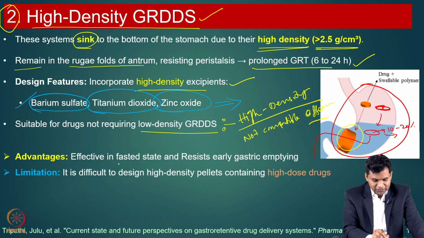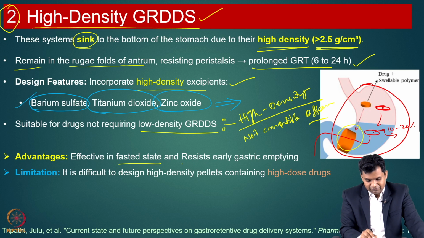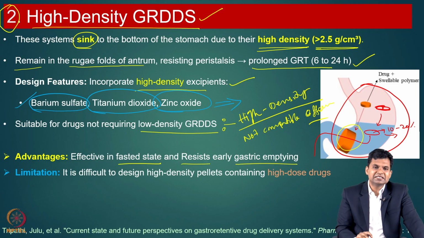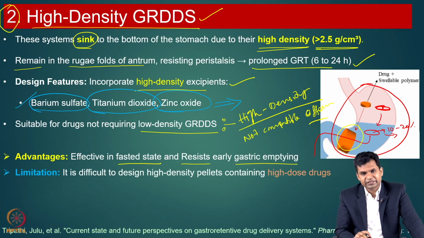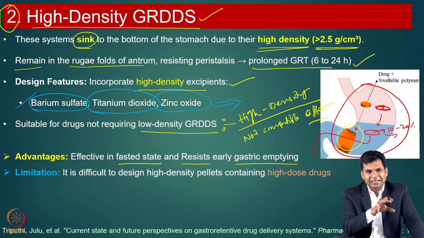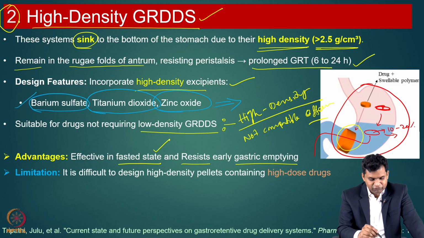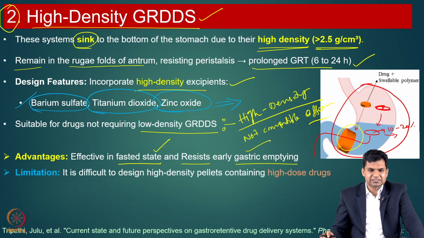So, when you have a fasted state and you want to resist gastric emptying, in such cases we can go with the high density gastroretentive drug delivery system, which is very effective compared with the other types of gastroretentive drug delivery systems. We can use the same formulation for the fasted state and also avoid gastric emptying compared with the other types.